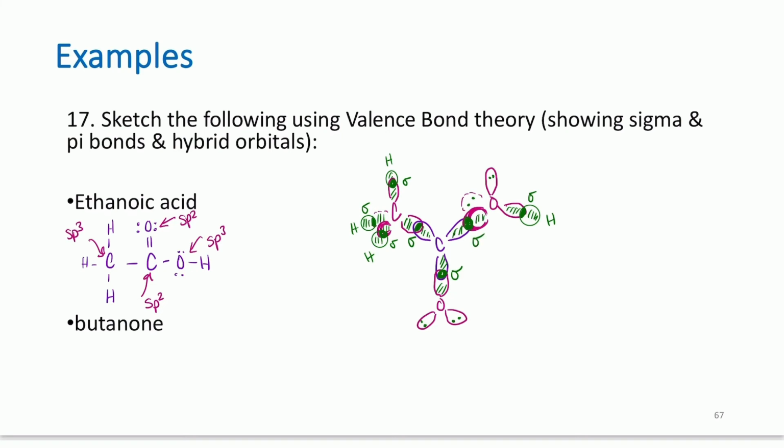Now I'm not quite done. I do have a pi bond here that I need to specify. So this carbon that is sp2 hybridized, I'm going to draw it like this, has a pi bond in here. This oxygen also has a pi bond, unhybridized pi bond. These pi bonds are going to overlap above and below the plane of that internuclear axis.